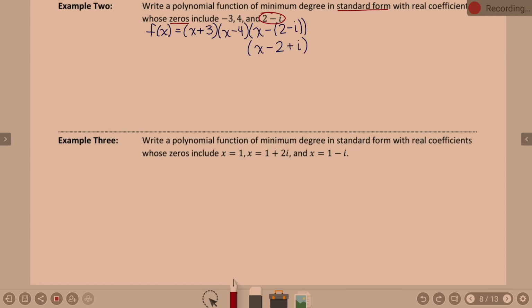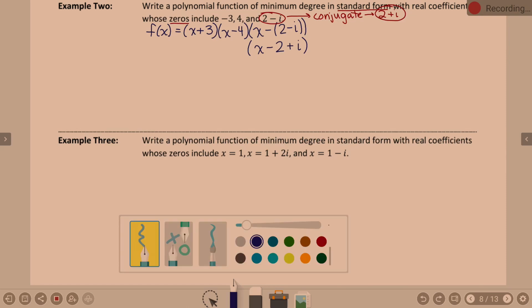What is the conjugate of 2 minus i? 2 plus i. So we also have to include the conjugate 2 plus i. In other words, we just went from 3 zeros to 4 zeros.